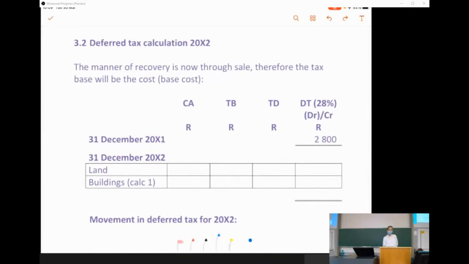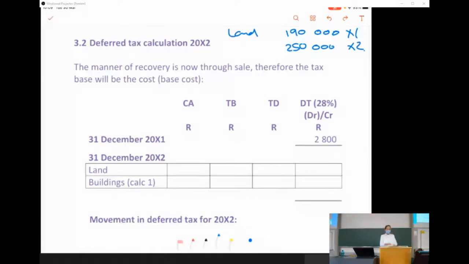So remember what happened now: our land had a carrying amount of 190,000 for X1, and then for X2 we revalued it to 250,000. Good. So when we now do our deferred tax calc for X2, remember our opening balance is 2,800. The carrying amount of land will be the revalued amount of 250,000.